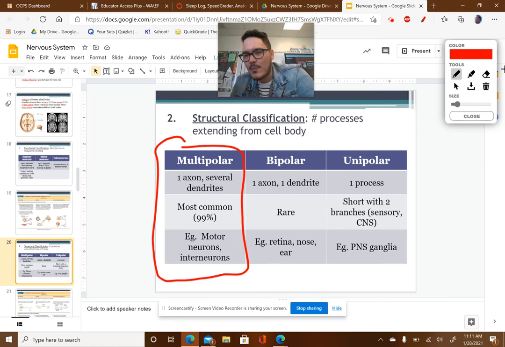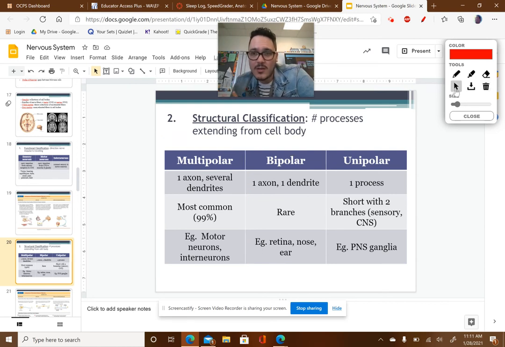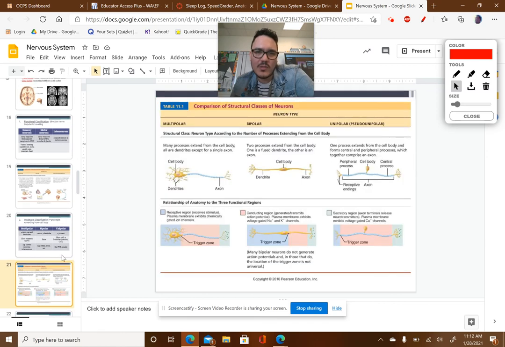That does not mean bipolar and unipolar neurons shouldn't be learned. That's something that you can learn on your own time, especially if you are pursuing this stuff further in the future. But for now, multipolar ones are the ones we spend most of our time with, especially because this is the guy we've been learning. This is the typical neuron that we expect to see. These other neurons, like I said, are relevant. They have other jobs that are necessary, but we don't need to dive too deep into that.